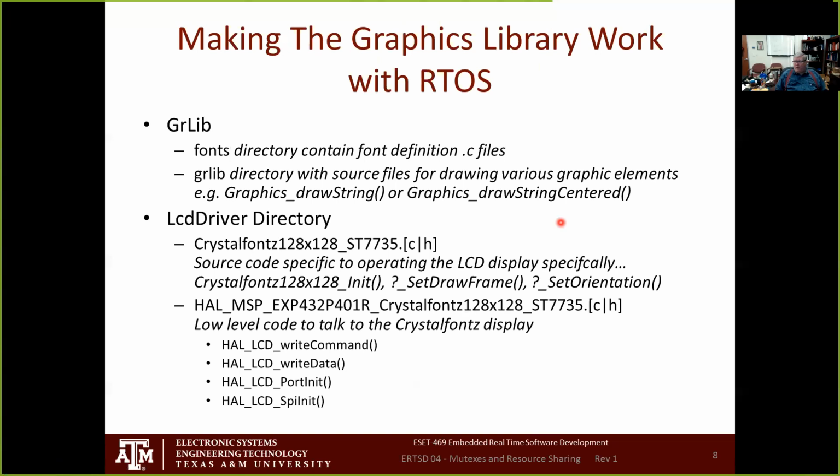So, first thing that you should know about is that there is this thing called grlib. It's a directory in Code Composer Studio that is part of your project, and it contains a bunch of C files.